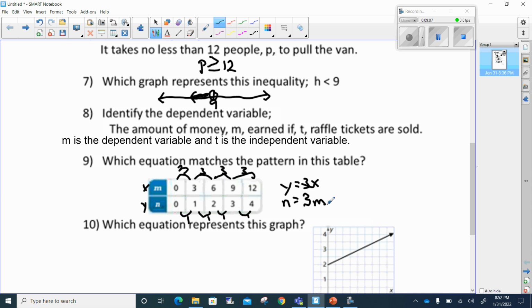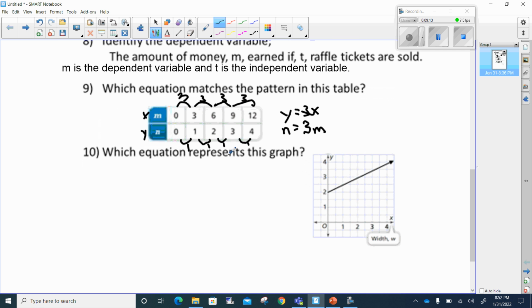That makes sense? All right, and number 10 says which equation represents this graph? Well, we're starting here at Y, and Y is 2 here. And when we have our equation, it's Y equals MX plus B.